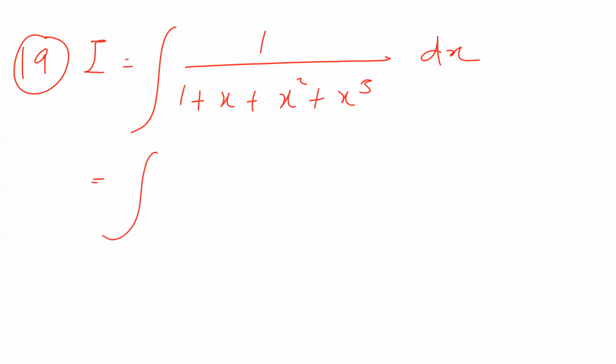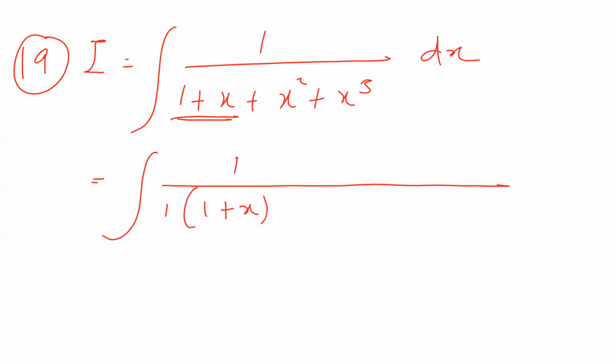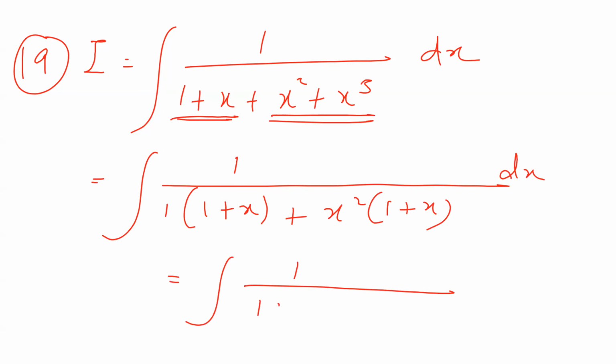From the first two terms take x common, and from the next two terms take x square common. So this will be 1 upon 1 plus x into 1 plus x square dx. The first thing is linear, second thing is quadratic, so you can solve this using the fourth category, that is linear and quadratic. That's it. All four categories of partial fractions are over.